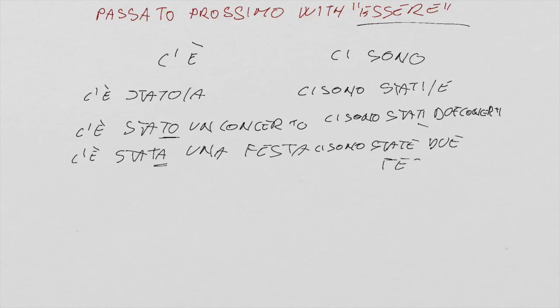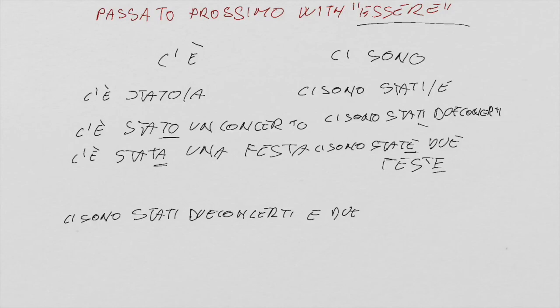Of course, when you combine masculine and feminine nouns, the resulting gender is masculine. So if you combine, for example, concerti with feste, ci sono stati due concerti e due feste, because the masculine gender is dominant.